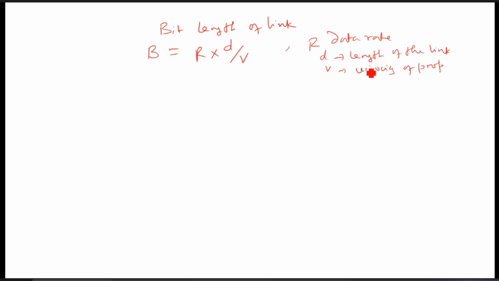Bit length means the number of bits present on the link, that is, the length of the link in bits.